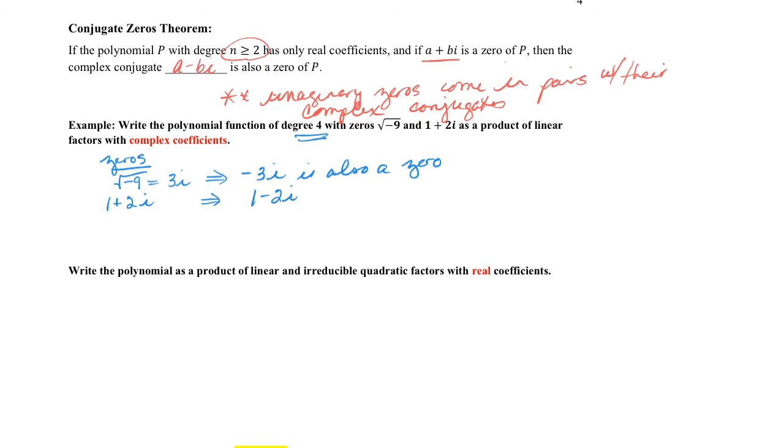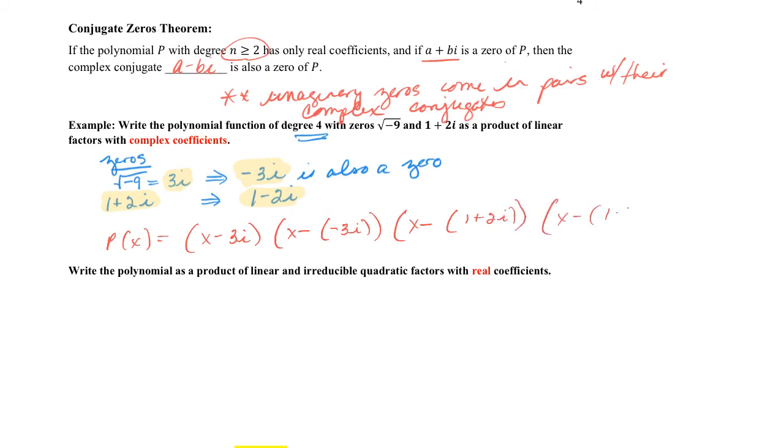So I have 4 different zeros here. I have 3i, its complex conjugate, -3i. I have 1 + 2i, and its complex conjugate, 1 - 2i. And so now I'm just ready to factor it. And so I've got this polynomial, we'll call it p(x). It's 4th degree, and it'll be (x - 3i)(x - (-3i))(x - (1 + 2i))(x - (1 - 2i)).